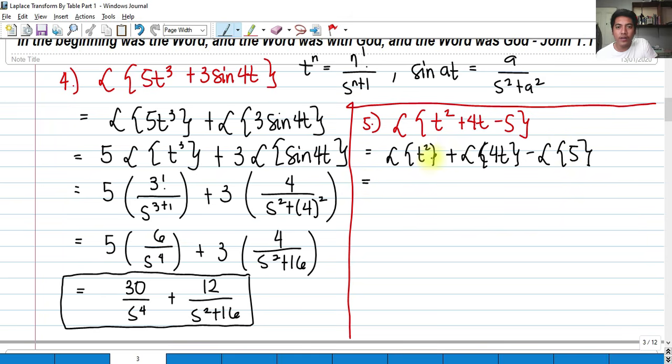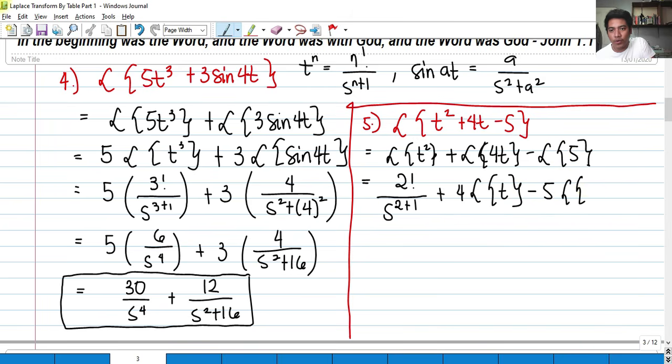As we can see here, we can solve this by table where our n is 2. That would be 2 factorial over s raised to 2 plus 1, plus this should be for the Laplace transform of t. Then we have minus 5 times the Laplace transform of simply a 1.